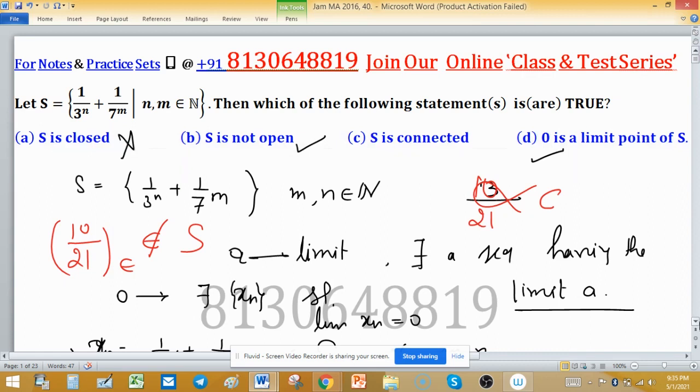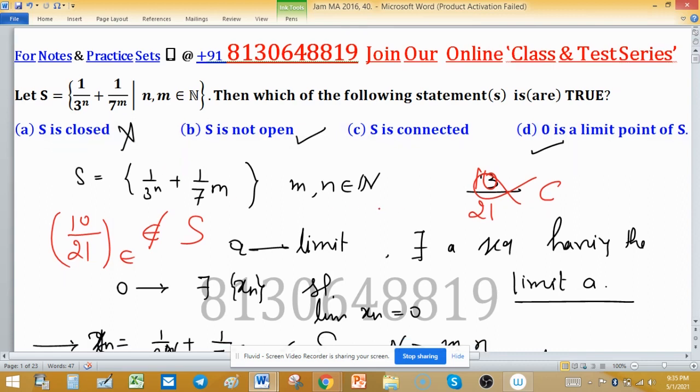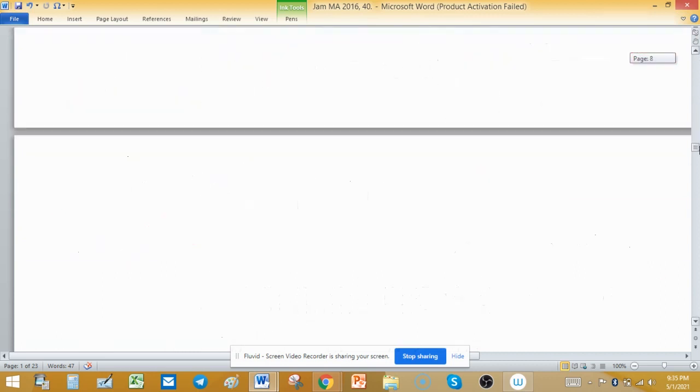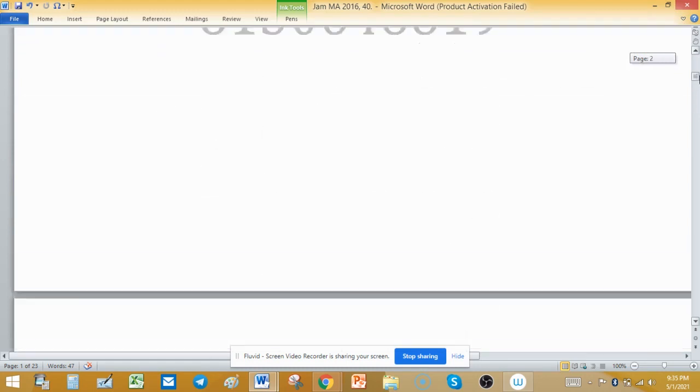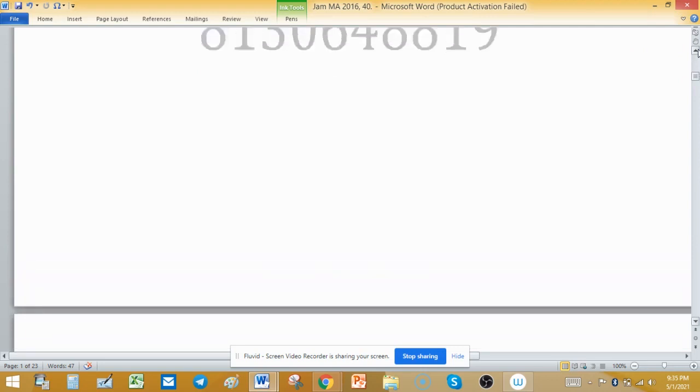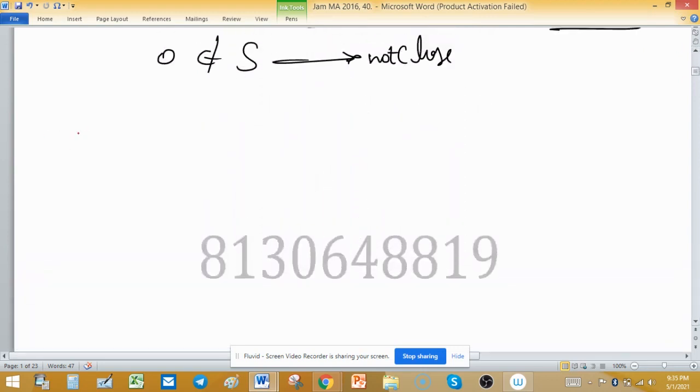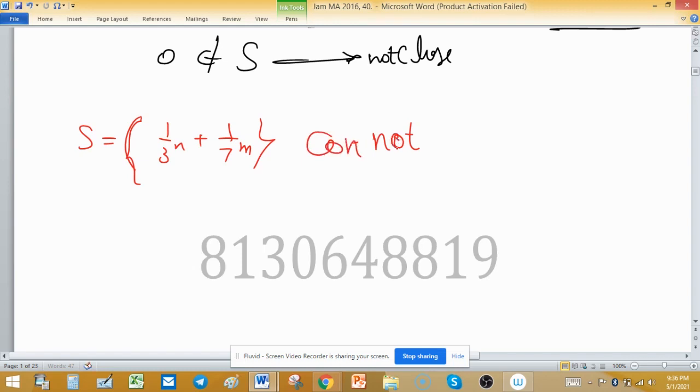I discussed this point very clearly. S is 1 upon 3 raised to the power n plus 1 upon 7 raised to the power n. This is set S, and we are checking connectedness.